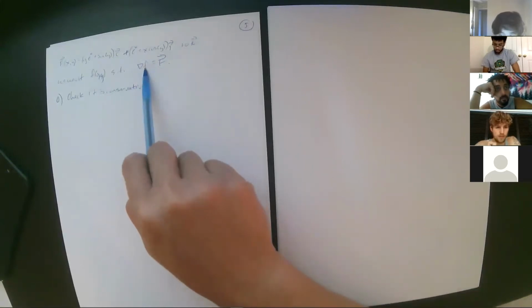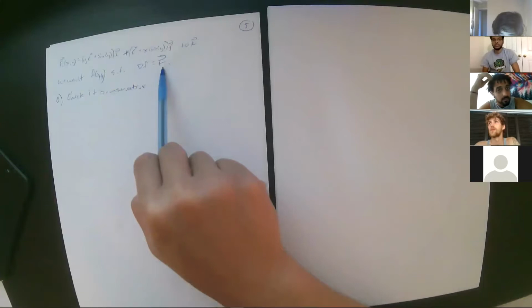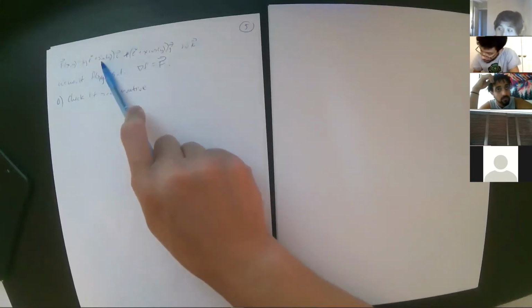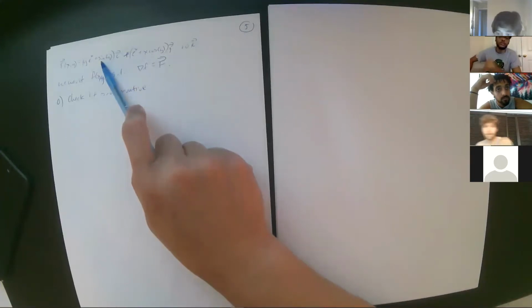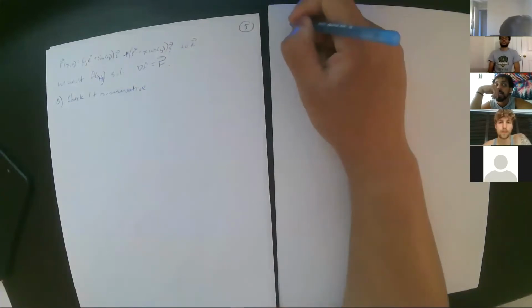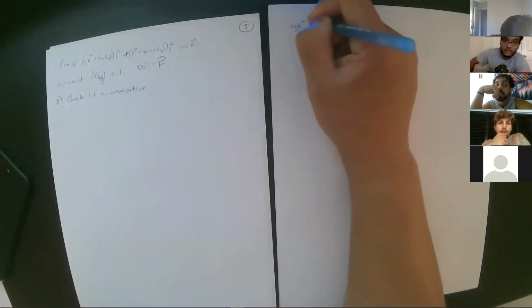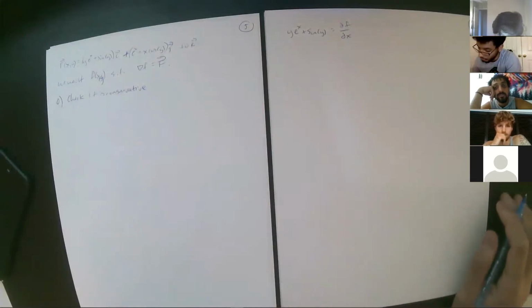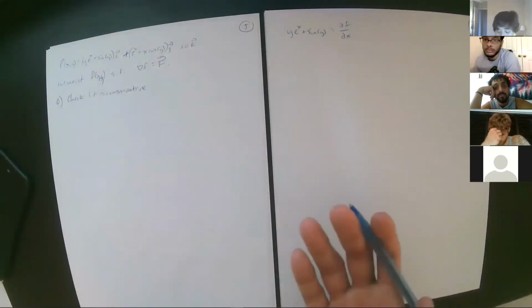If the gradient of f equals capital F, then this right here is its derivative with respect to x. So y e to the x plus sine y is equal to the partial of f with respect to x. So what can I do here?